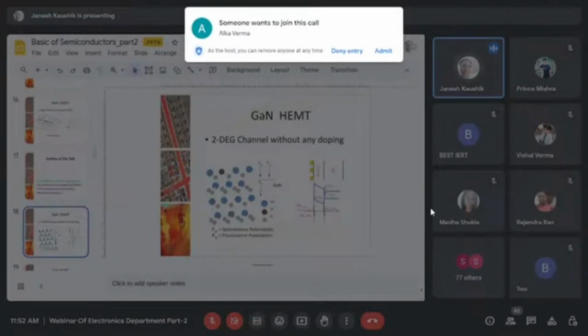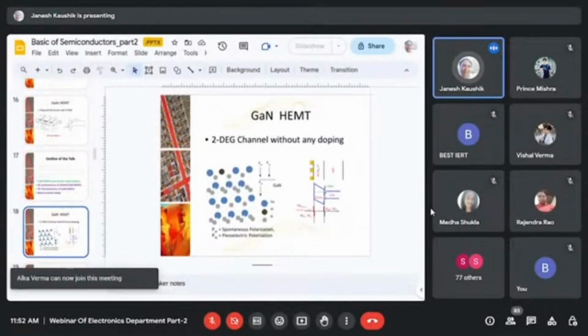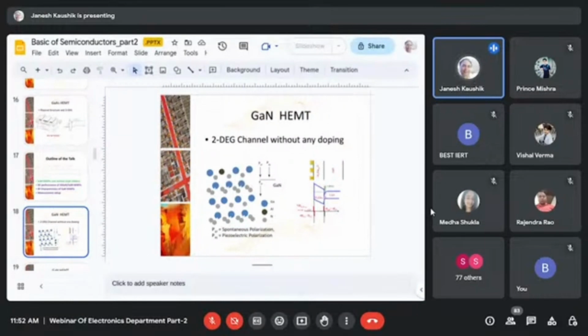In case of gallium arsenide, the maximum electron concentration possible is 2 into 10 to the power 12 per centimeter square. But here it is 1 into 10 to the power 13, one order higher, or it can be higher depending upon the aluminum concentration we are using.